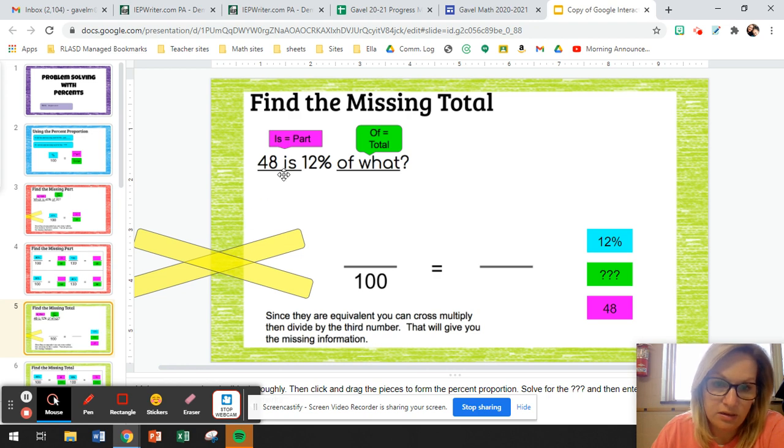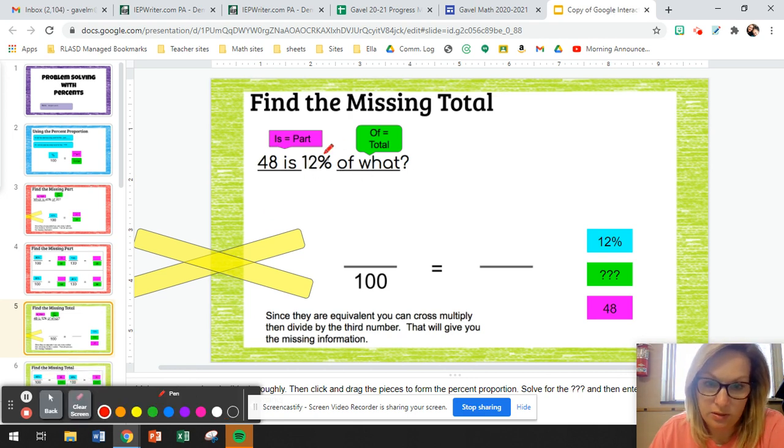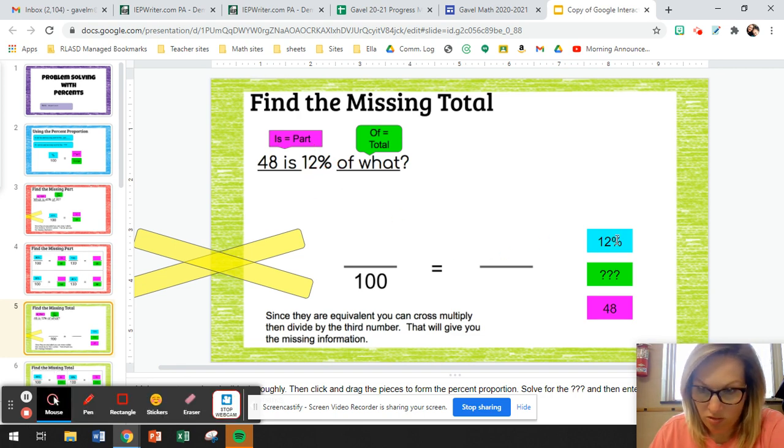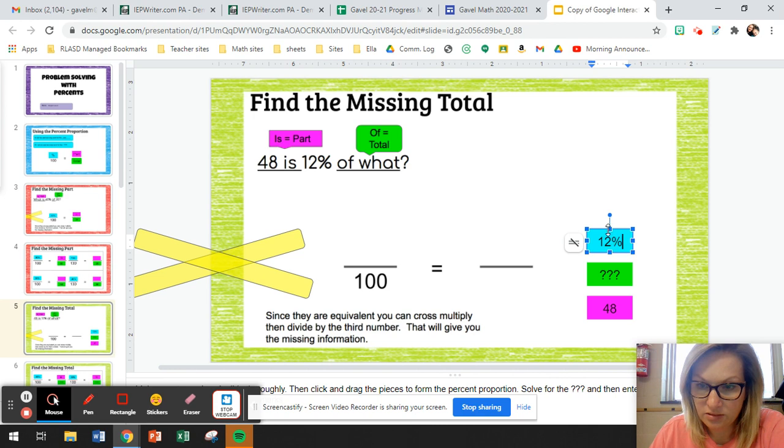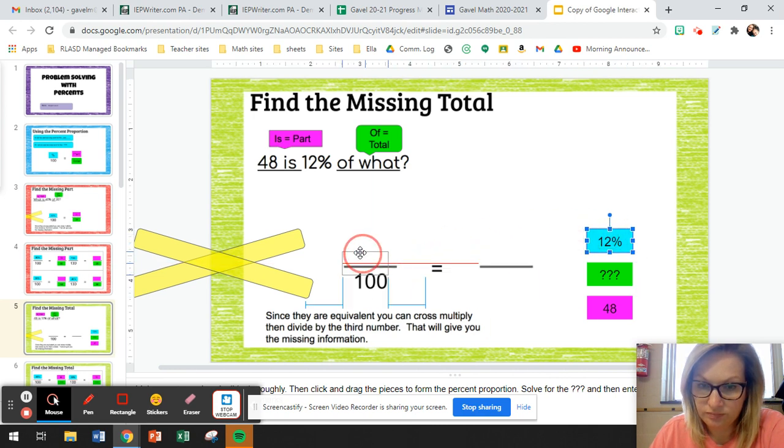Figure that out. So then with this one, 48 is 12% of what number? So we see our 12% here. We know the percent always goes over 100.